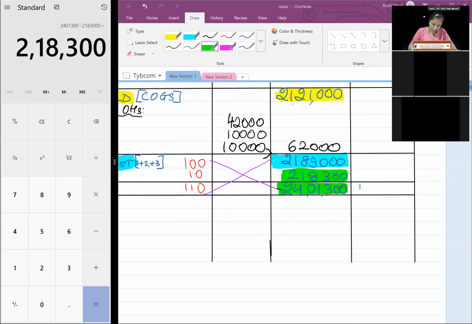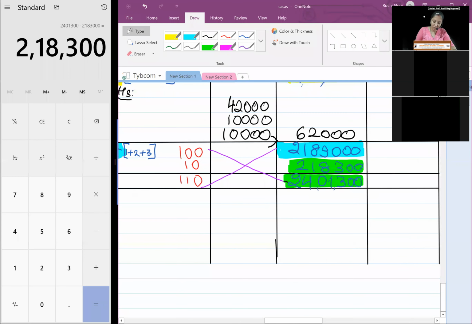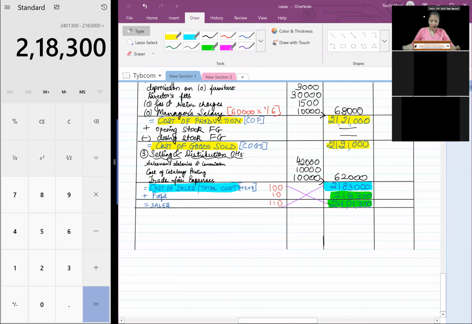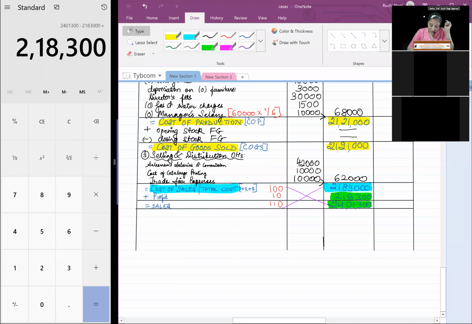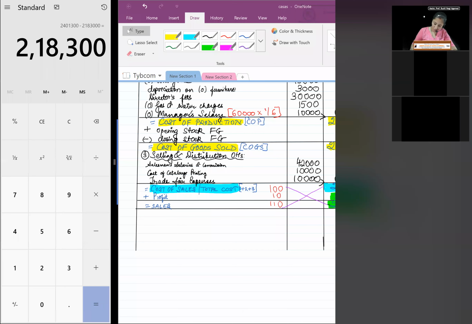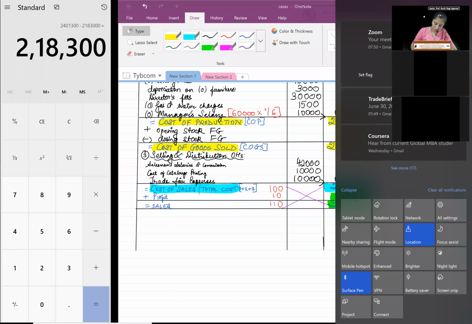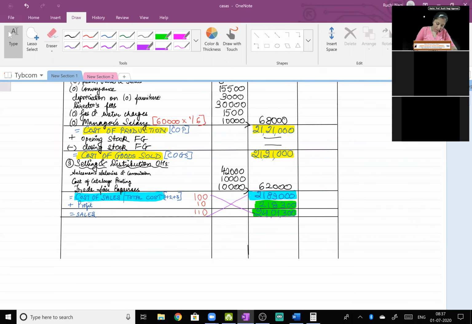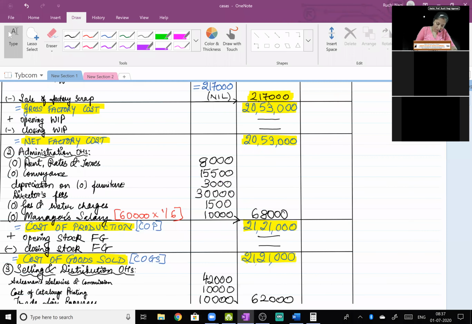No, it is 21 lakh 83 only. Total cost. See here, it is 21 lakh 83. Now check.